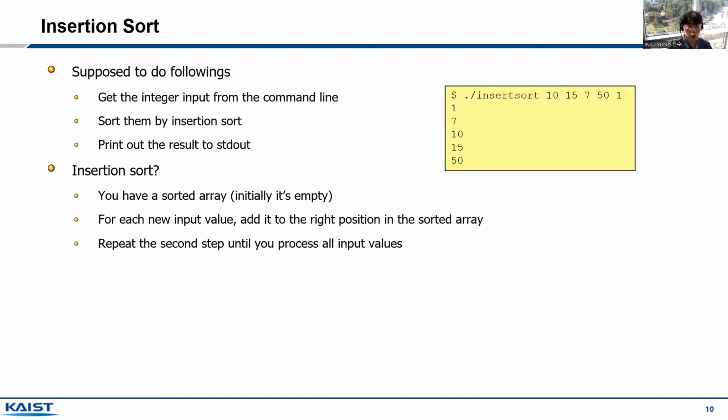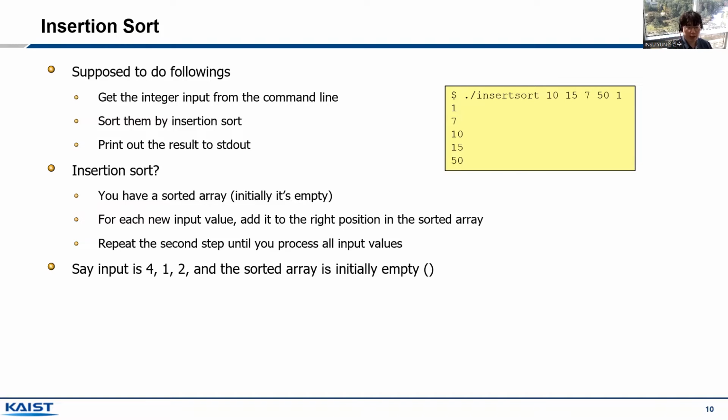Then for each new input, we find the right position where this number should be located in that sorted array, and we add that number there. And we repeat this again and again, until we process all input values, and then we will get the sorted numbers.